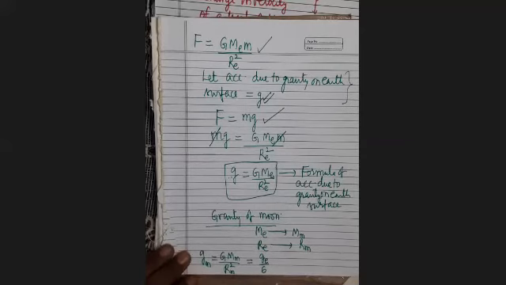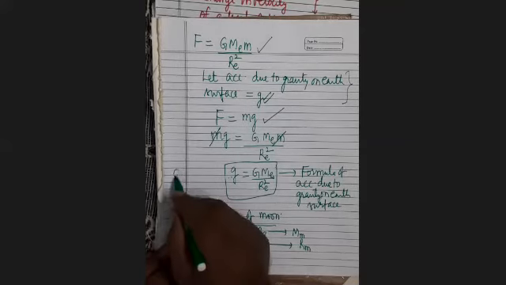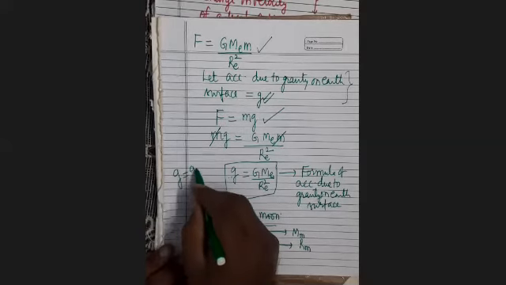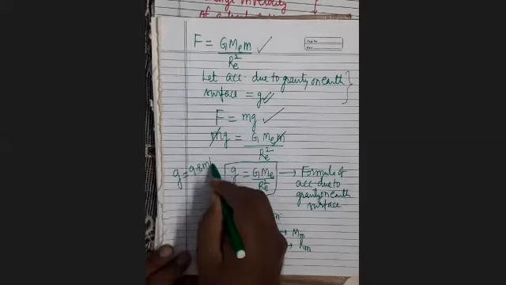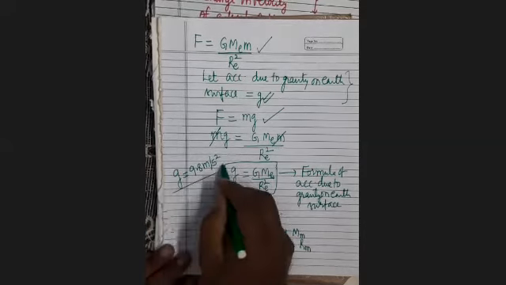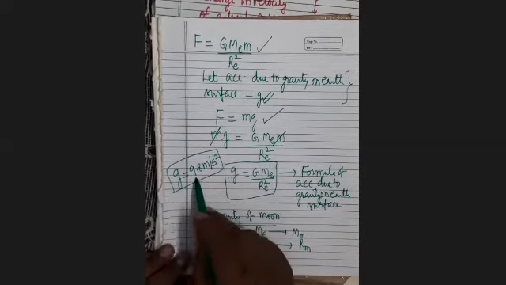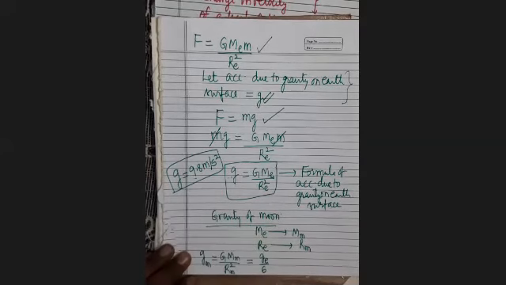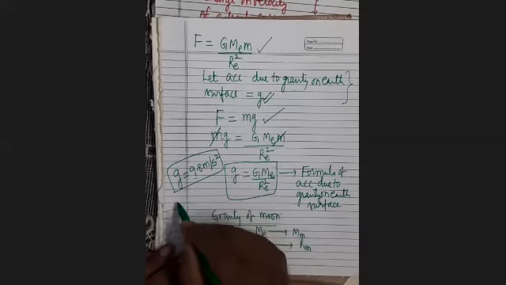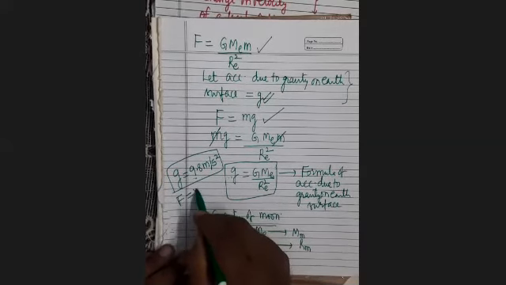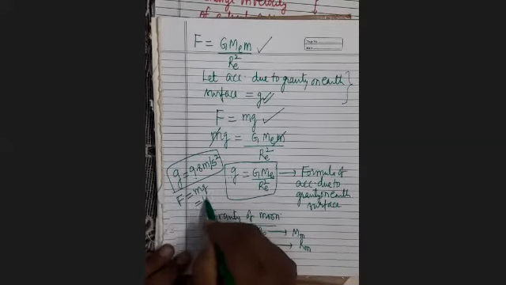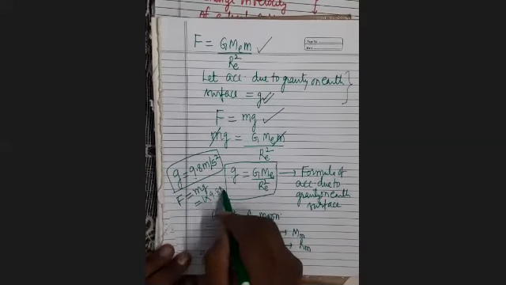The value of Earth's gravity is 9.8 meter per second square. It means if there is a mass of 1 kg situated nearby the Earth's surface, then Earth will attract that body by what force? F equals m into g, that is 1 into 9.8 Newton.